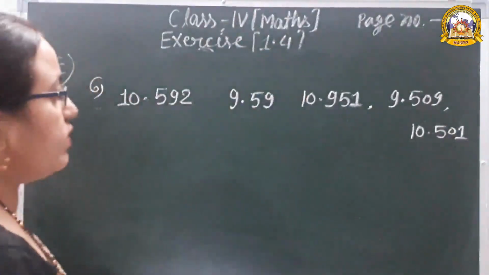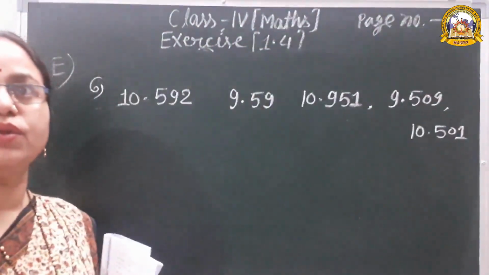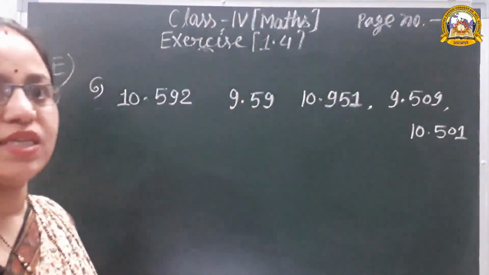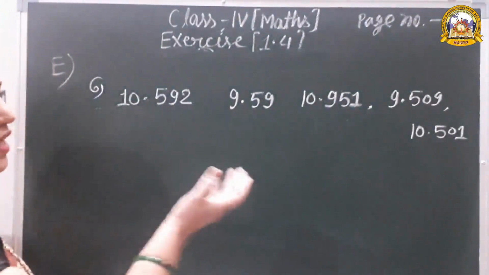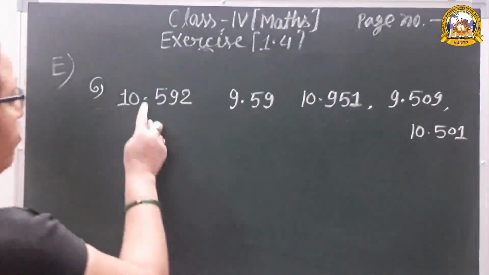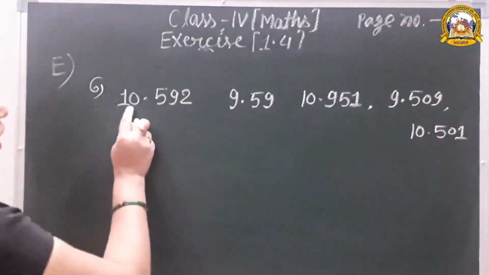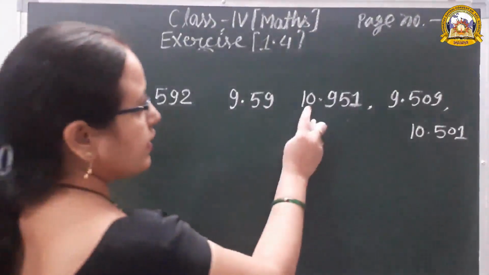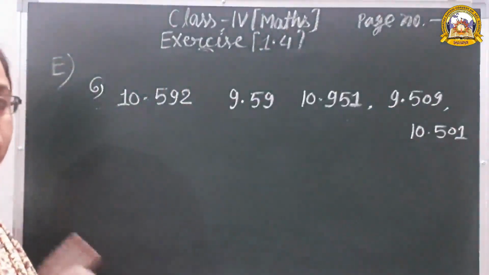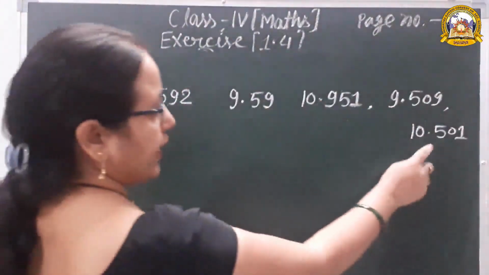Okay, all these decimal numbers we also have to arrange in descending order, meaning biggest to smallest. So first we have to find the biggest number among them. Which one is the biggest? Before the decimal, first we check all the whole parts in the decimal numbers. Here it is 10, 9, 10, 9, 10. We have 3 numbers whose whole part is 10. Okay, 1, 2 and 3.